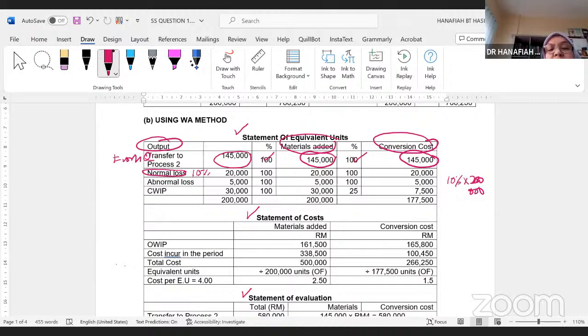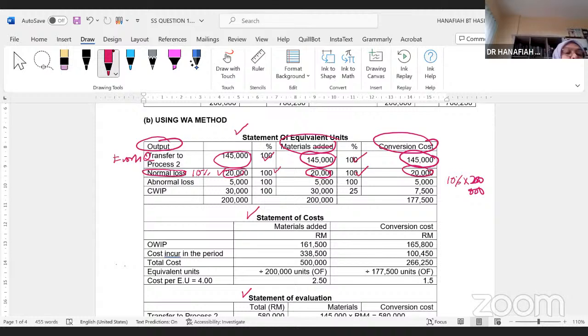It is 145 plus 20 plus 5 plus 30. Right? It is 200,000. Okay. That is 20,000. It is also 100% and 100%. So that's why 20 here, 20 and 20.